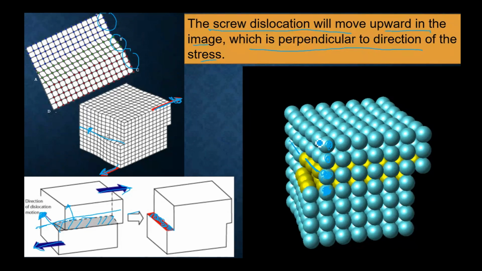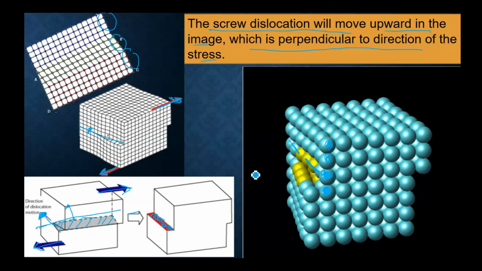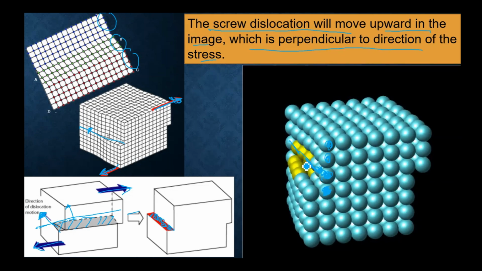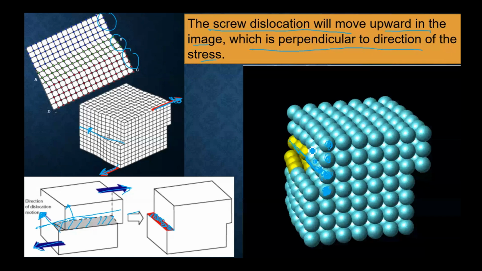As the stress is being applied, you see another atom has moved to the new position, and these three now become the atoms which are in the process of movement. Similarly, if you continue, now this atom has moved to the new position, and the next three atoms are in the process of movement. Continue with this.